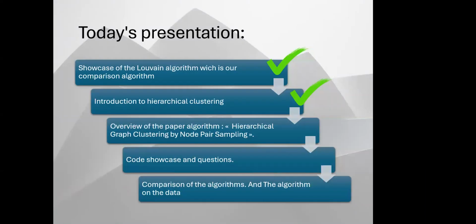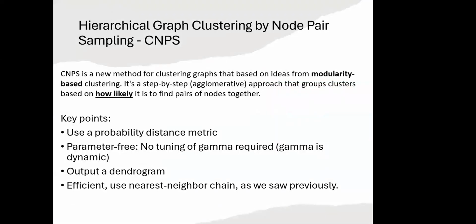No. So we finished the introduction to hierarchical graph clustering. Now we will show the overall paper algorithm. This is the main algorithm of the paper. Everyone, pay attention, this is important.